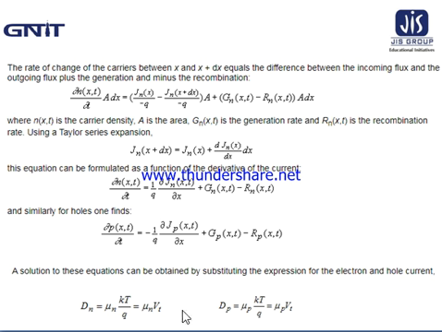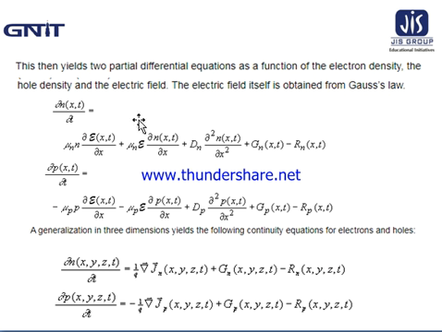Using these two equations, we can write for electron del n(x,t) by del t equal to this, and for hole we can write this equation.